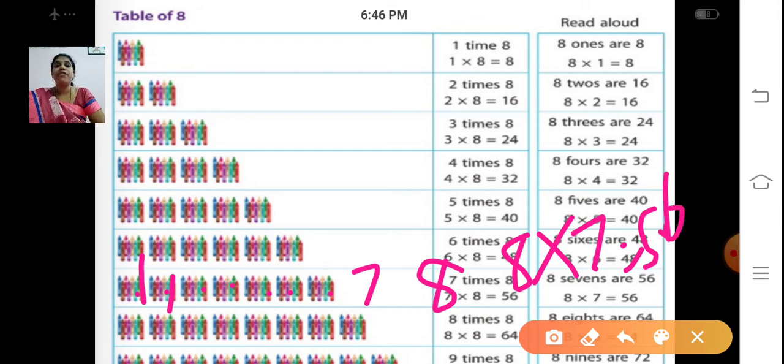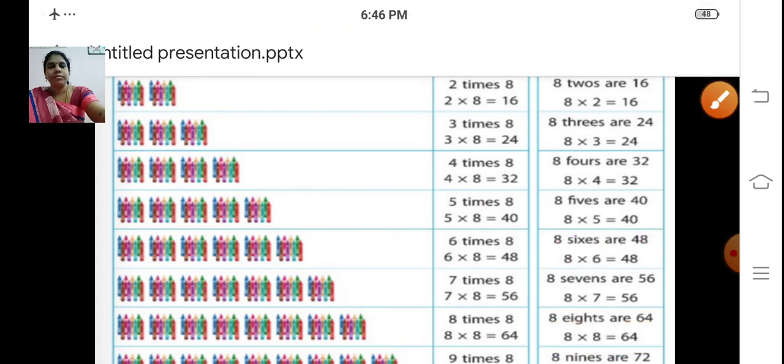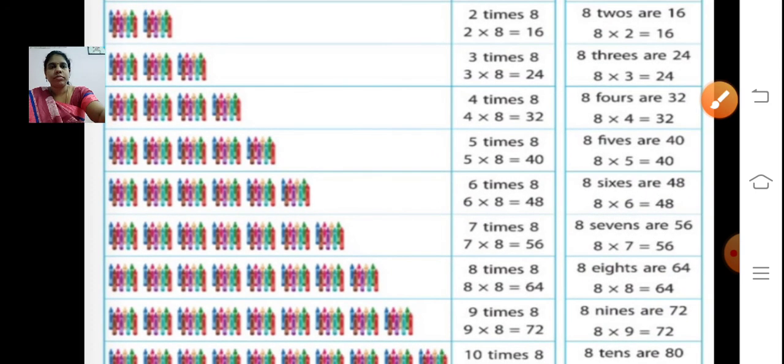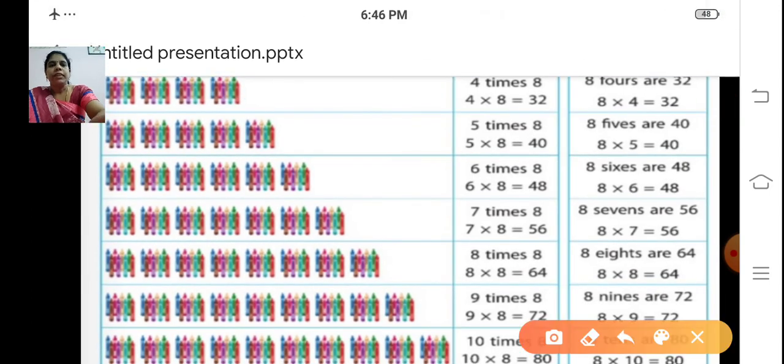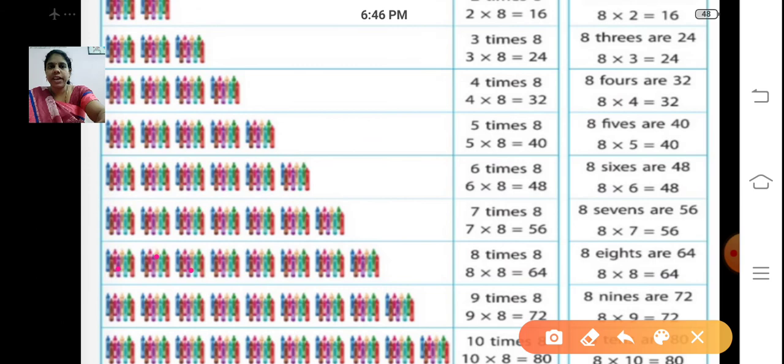Now 8 eights. How many groups here? We have 8 groups. In each group 8. So we are going to add 8 eight times. 8 eights are 64.